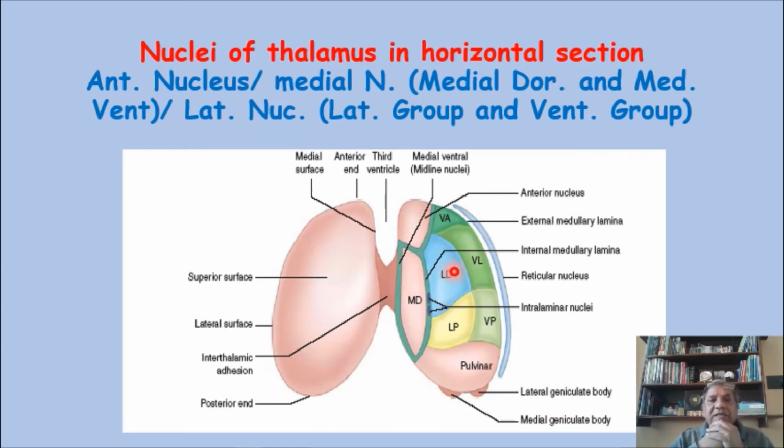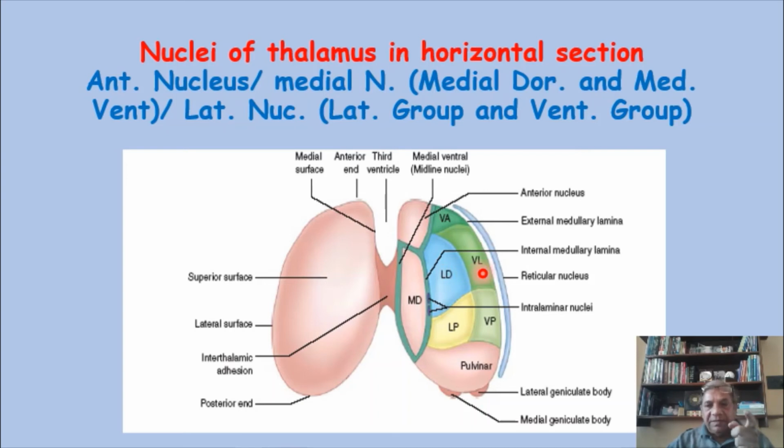But these anterior, medial and lateral masses of gray matter will show further subdivisions. This is very important. You should keep on drawing this and labeling the subdivisions of the nuclei, because they are many and they are confusing.